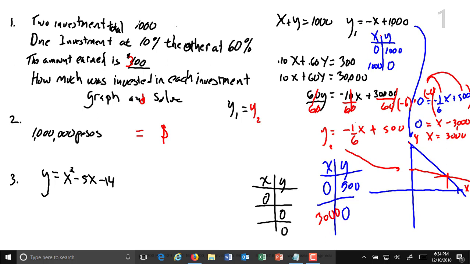So, just filling in the gaps, y1 you can call minus x plus 1,000. You agree? But this other side, y2, is this guy. So that's equal to minus 1/6 x plus 500.